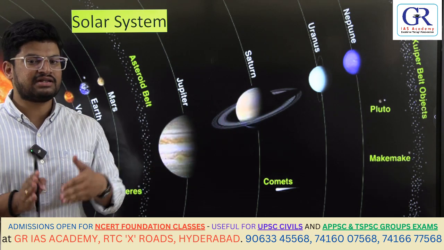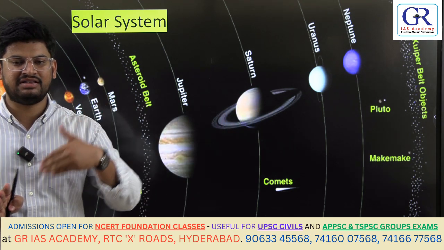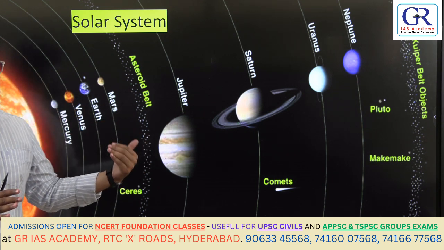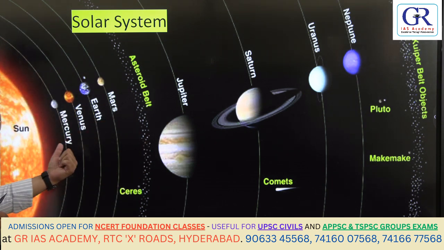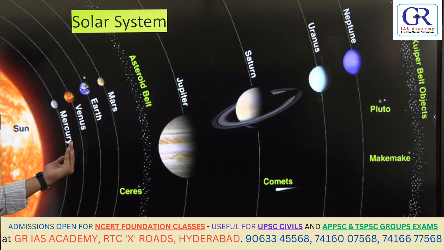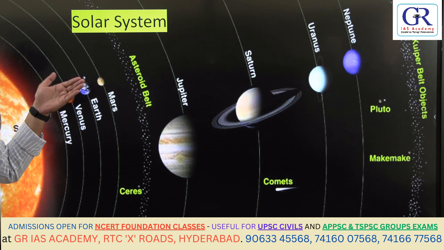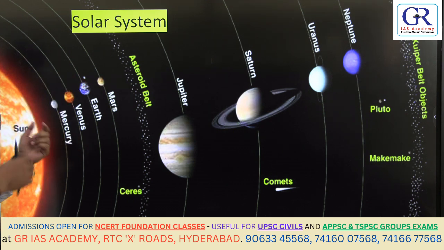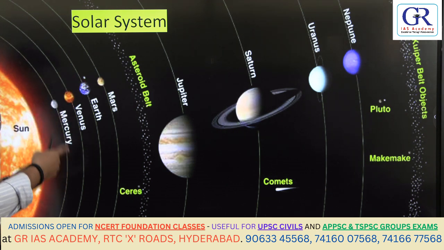Now let us look into the comparison between the inner and outer planets. As I told you, the inner planets, Mercury, Venus, Earth and Mars, are terrestrial in nature. They are rocky, and the component of gas is less. I would not say that these planets are devoid of gases. Gases are present, but in less content.